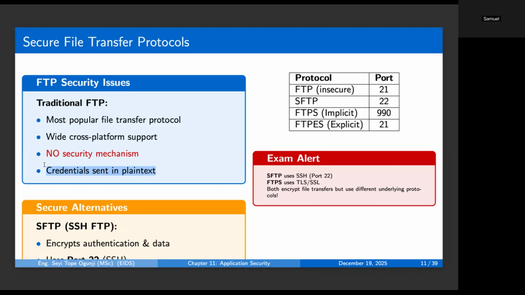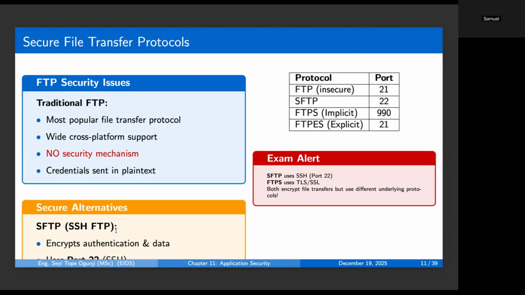So the safe alternative for FTP is SFTP, where S stands for SSH. SSH means secure shell. So SFTP means secure shell file transfer protocol. The first thing you need to know about it is that it uses port 22.